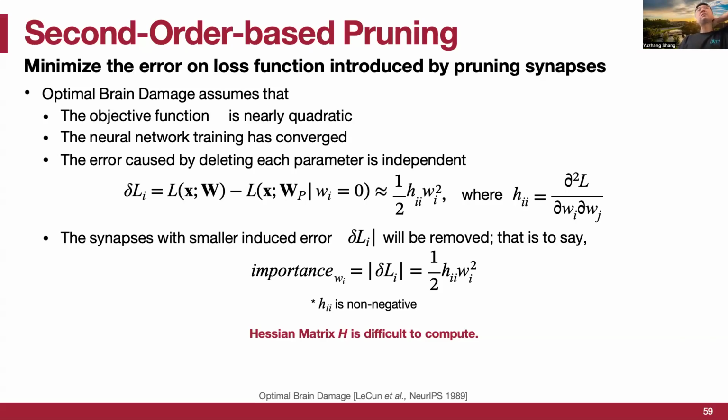So this is the so-called second order based pruning method, and this second order analysis is widely used in how to compress a neural network.